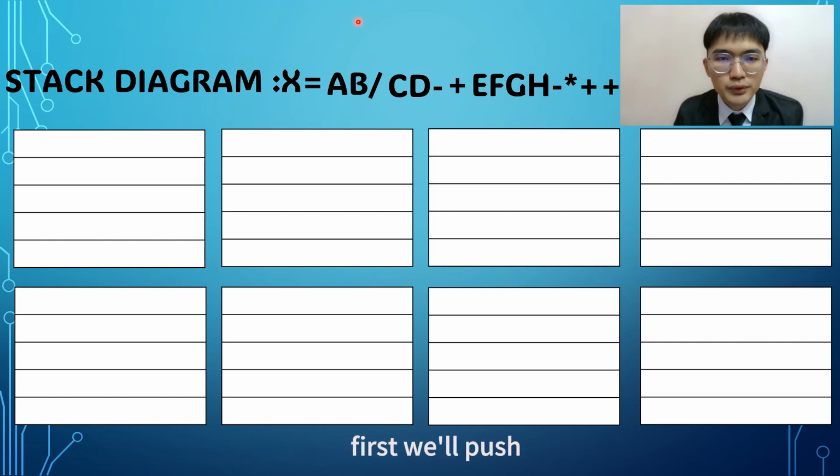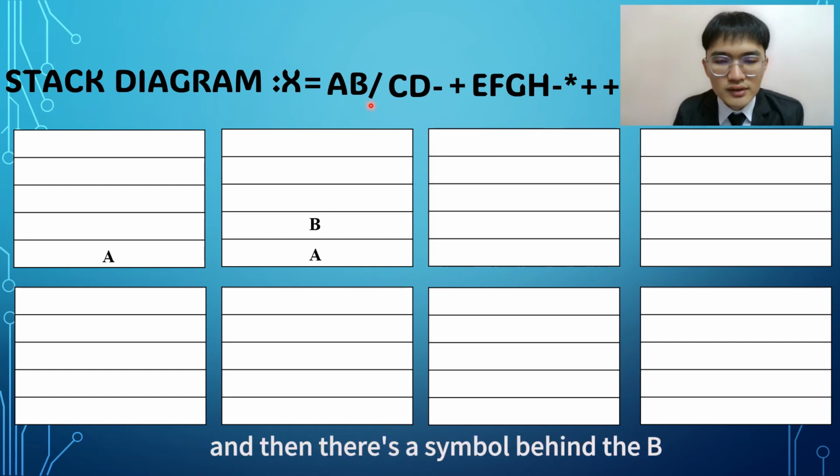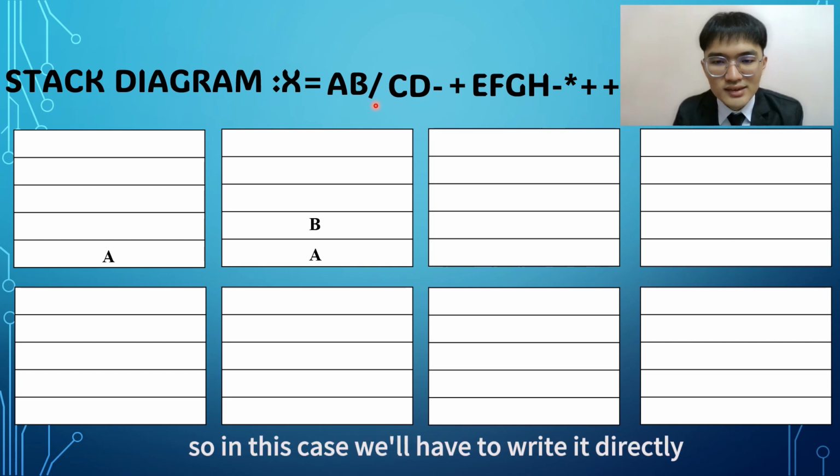First, we'll push A. After we push A, we'll be followed by B. After we push B, there's a symbol behind the B, so in this case we write it directly.